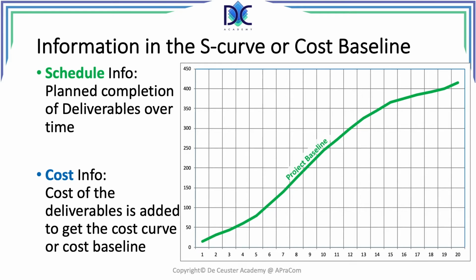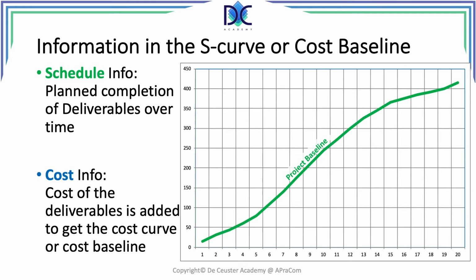Let's have a look at the information that we can find in the S-curve or the cost baseline. Once we arranged the activities so that the resources can work normally, it means less than 100%, we find the project baseline. It contains both schedule information and cost information. The schedule information relates to the planned completion of deliverables over time.